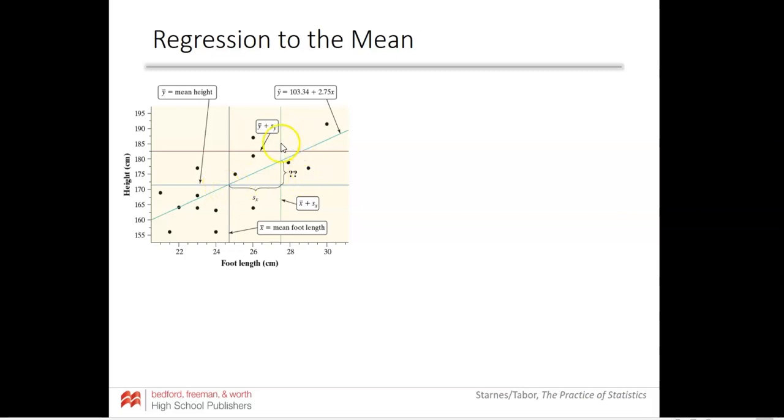They drew two more lines. They added the standard deviation of y, that's that red horizontal line up above. And to the right of the mean, they put x bar plus the standard deviation of x and drew a greenish line there. Notice that the regression line doesn't go through those two points, but goes a little below.